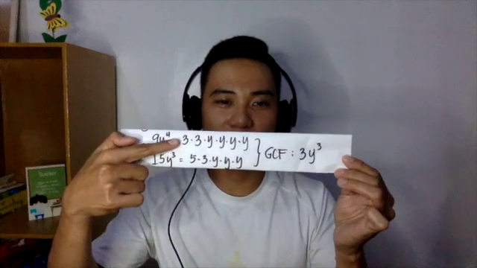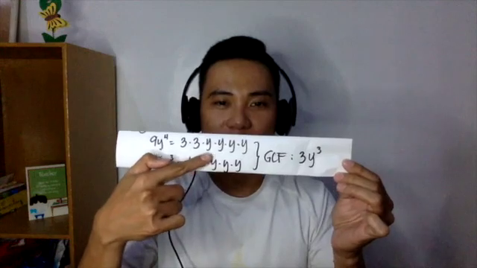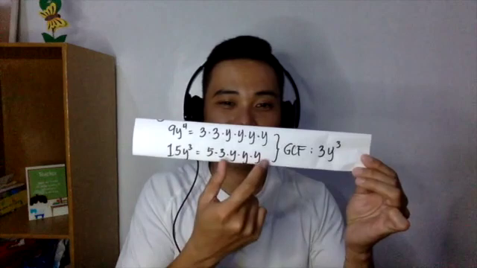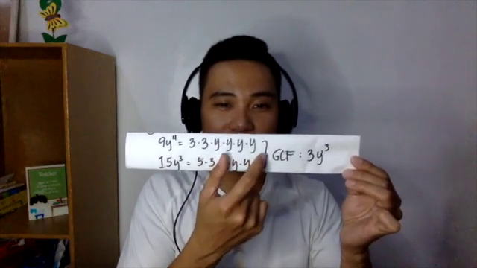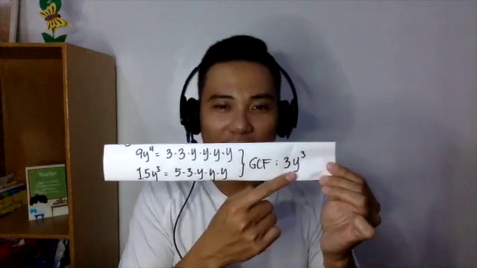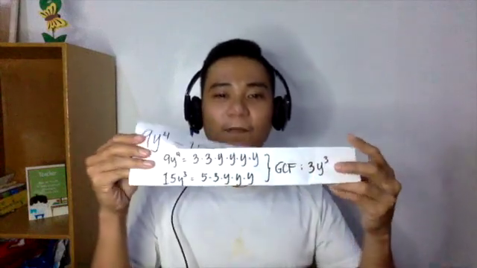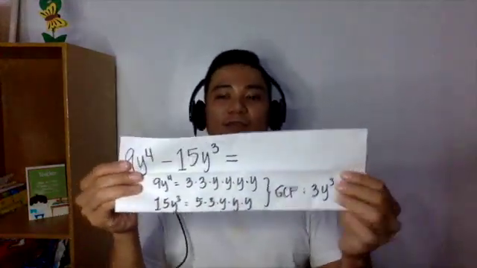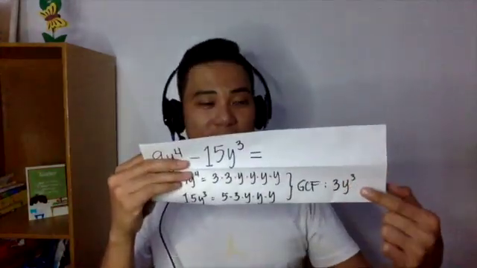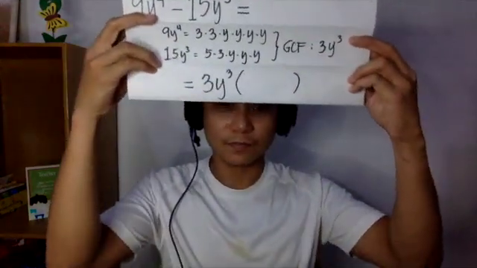We have a 3 on top and another 3 here. And how many y's? The technique here is to count the least number of y's for the variable. We have 3 below, so just get the 3 y's. So the GCF here is 3y cubed. What is the purpose of the GCF? It's for us to identify the factors of 9y to the fourth minus 15y cubed. The GCF here is our first factor. Look at that.